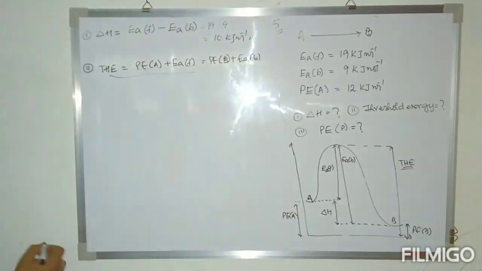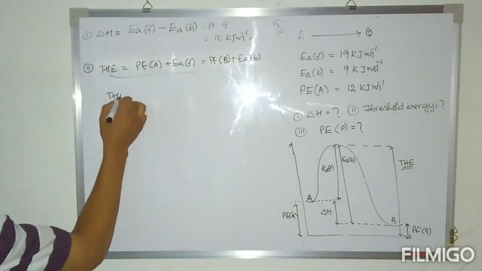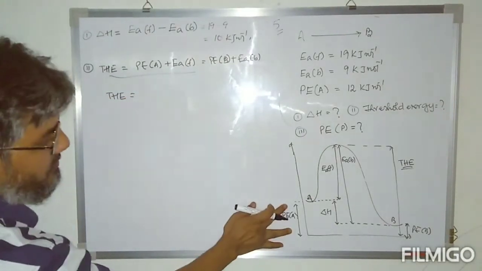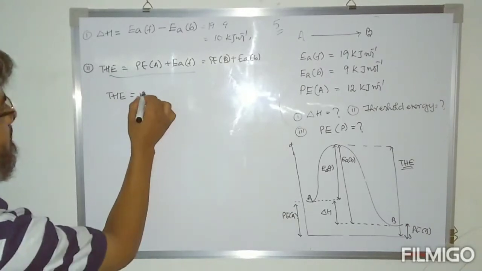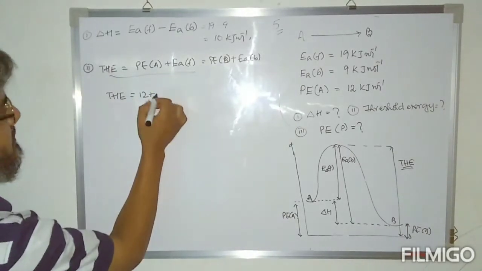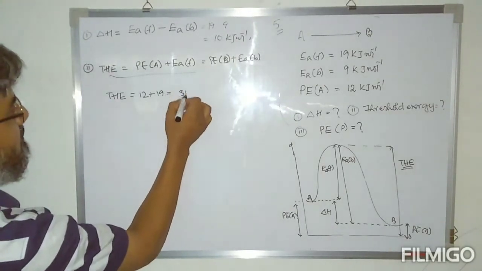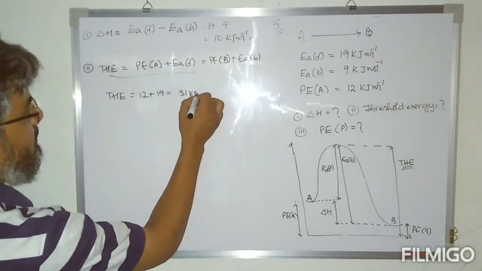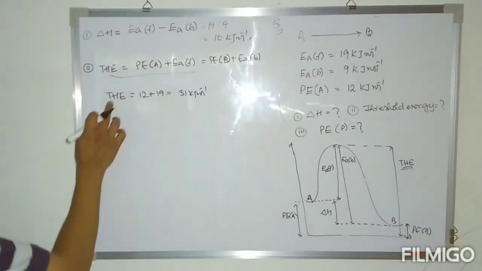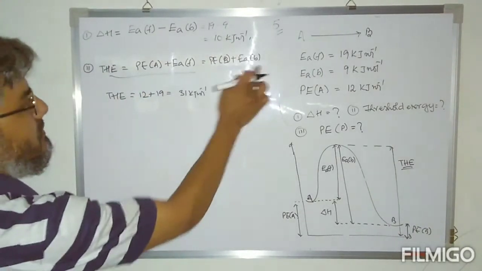Taking this, threshold energy equals the potential energy of reactant, 12, plus the activation energy of forward reaction, 19. This is 31 kilojoule per mole.